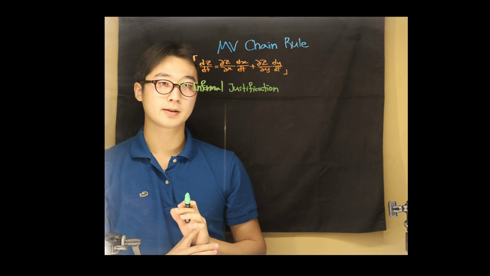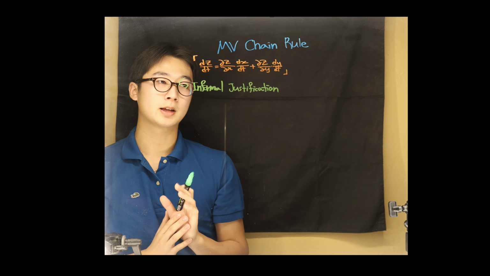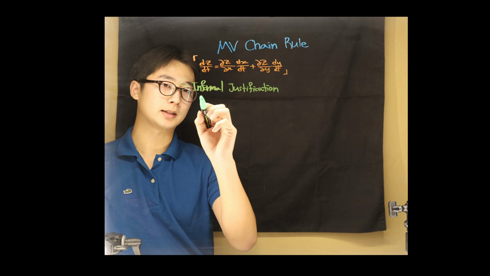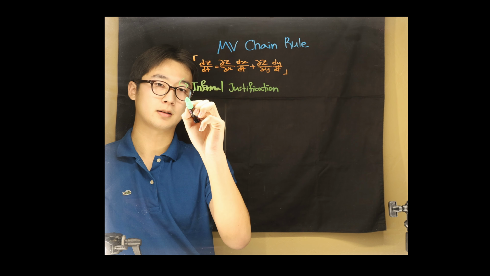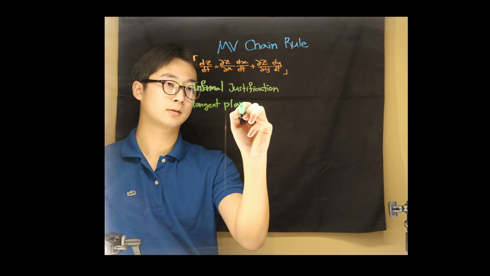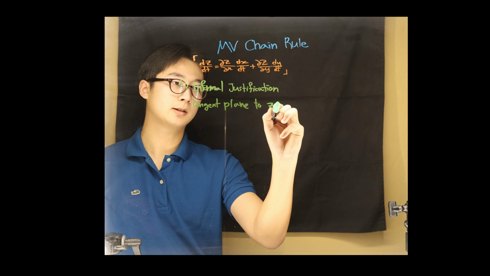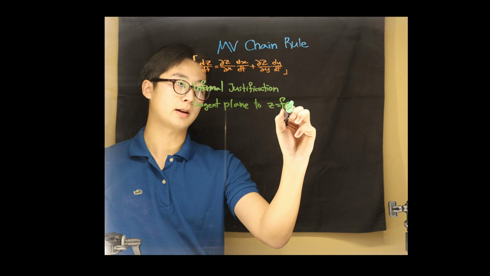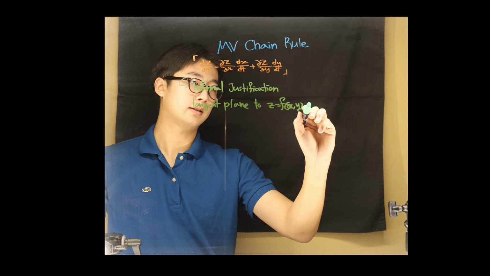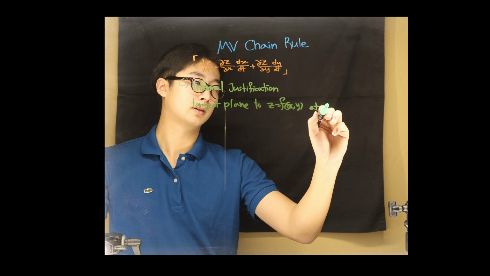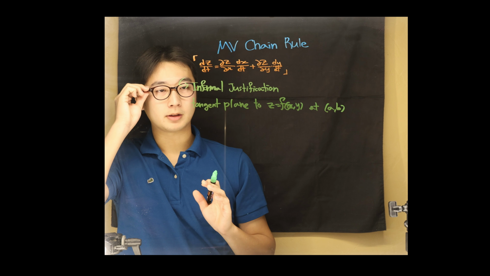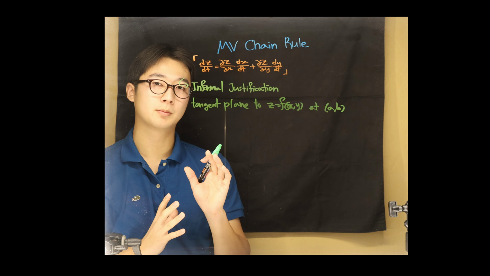So let's say we have a tangent plane to the function z, sorry, f of x, y, at a point A, B. In the previous video, we learned the equation of the tangent plane, right?